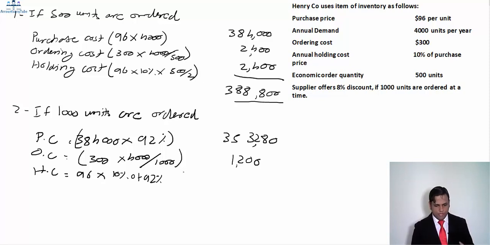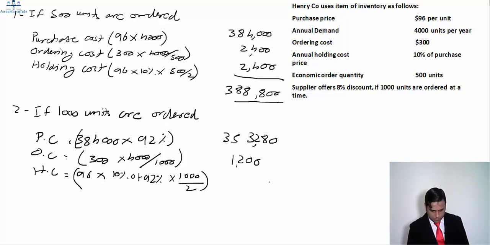Take the effect of discount in the holding cost, multiplying it with 1,000 divided by 2, that is the average of order being placed, and this gives us the figure of 4416.